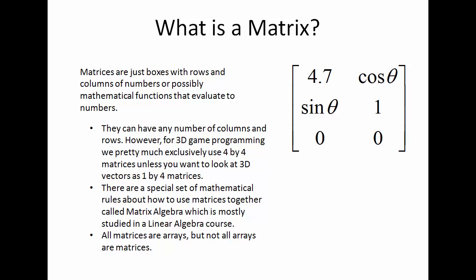So the matrix can hold more than just numbers, and we'll look at that a little bit more, which is part of the reason I say think of matrices as a black box that you just load up formulas in, and then apply the results. I'm using kind of a matrix notation with brackets to show that it's a matrix.